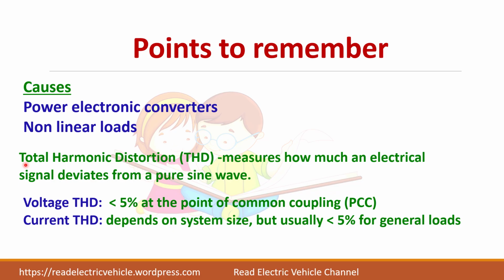There are different metrics to measure harmonics. One such metric is the total harmonic distortion, or THD, which tells you how much an electrical signal deviates from a pure sine wave. In case of voltage, the THD should be less than 5% at the point of common coupling. For current, the THD depends upon the system size, but usually it should be less than 5%.